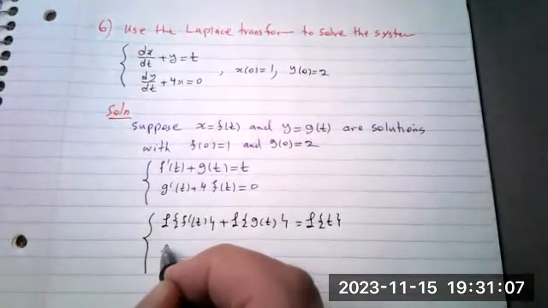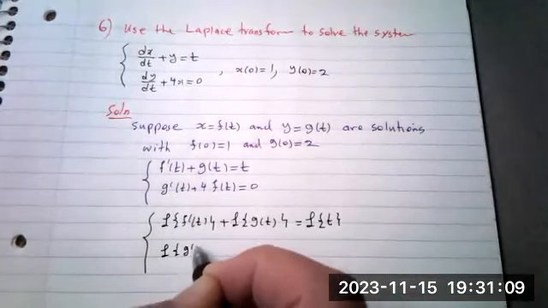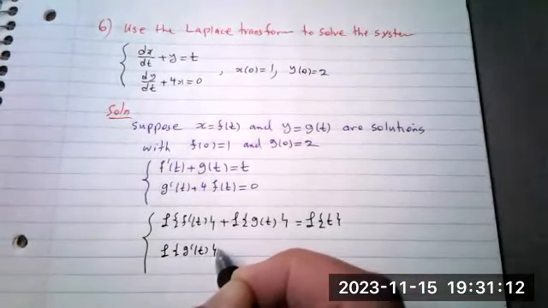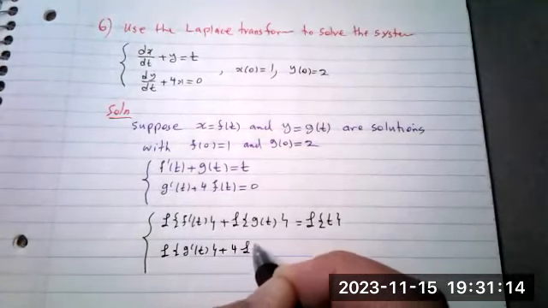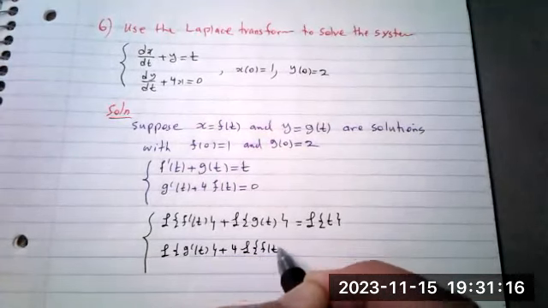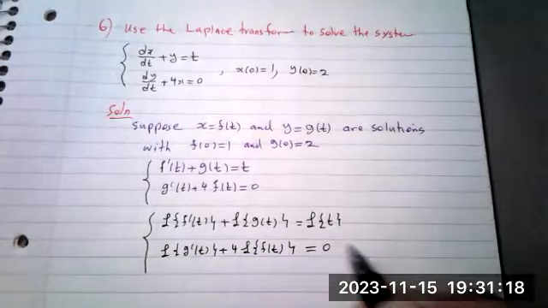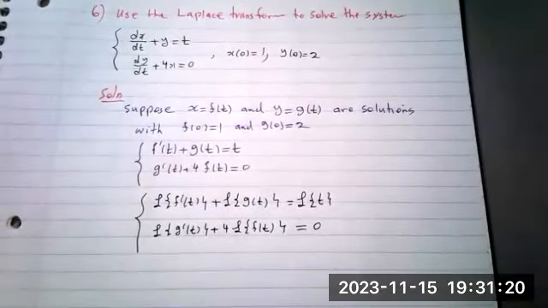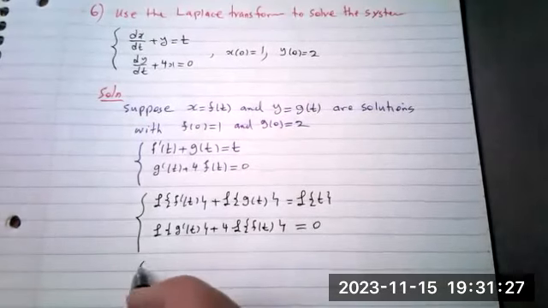And then the second one, Laplace of g prime of t plus 4 Laplace of f of t is equal to this. Change it again as we did before, Laplace of the derivative. So you continue.